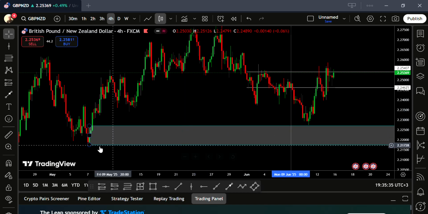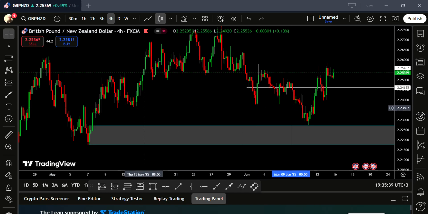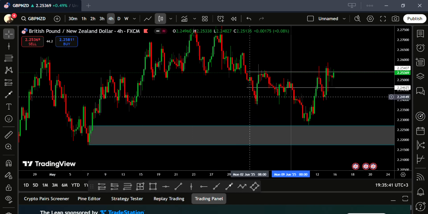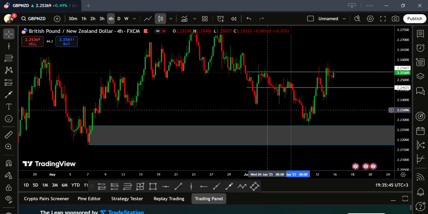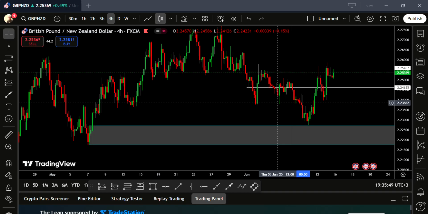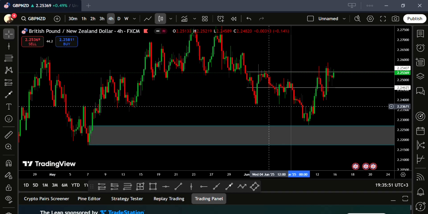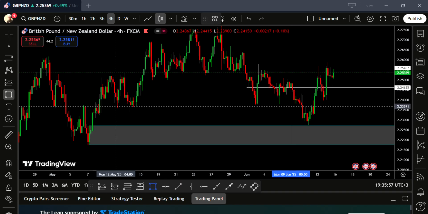You see a demand zone down, you see equal lows, which obviously have liquidity under them. This is a bullish engulfing candle and this is a supply zone. So we have people who have bought here, and then it is acting as support and resistance. If I can measure that very well, it's acting as support.